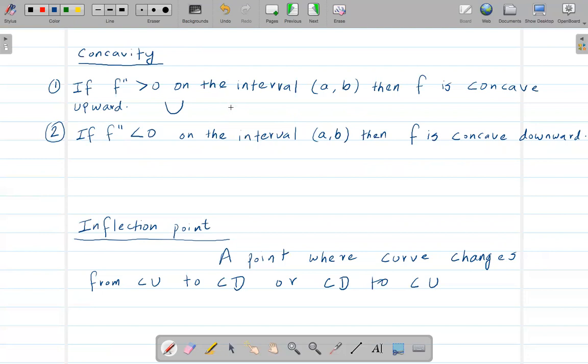If f double prime is less than 0, then it is going to be concave down, something like this. This means concave upward, and this means concave downward.